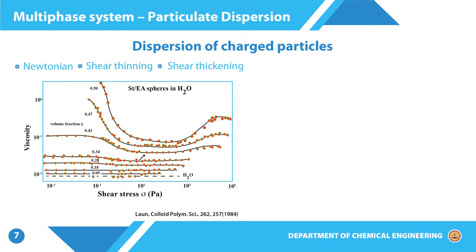The 0 of course implies water, which is 1 centipoise or 10 to the power minus 3 Pascal second, and as the concentration increases we expect the viscosity to be higher. But as the particle concentration increases, we can see dramatic changes in terms of the qualitative behavior as a function of stress or strain rate.